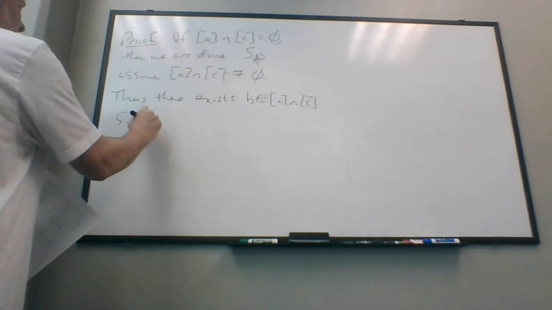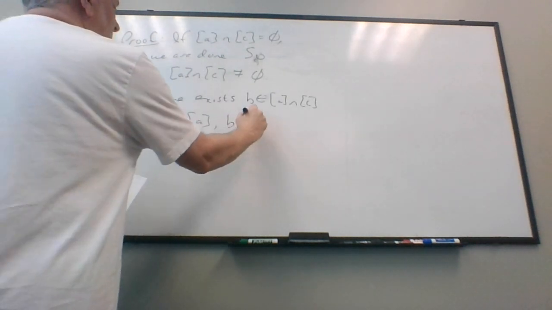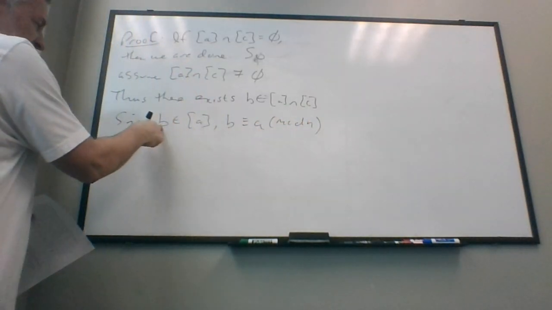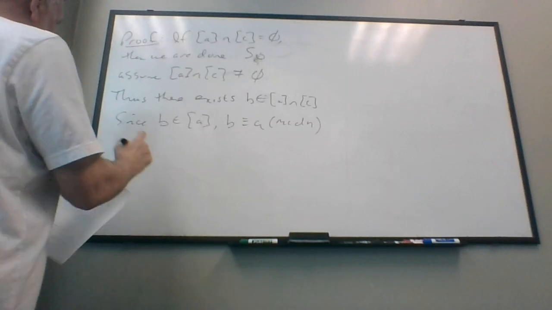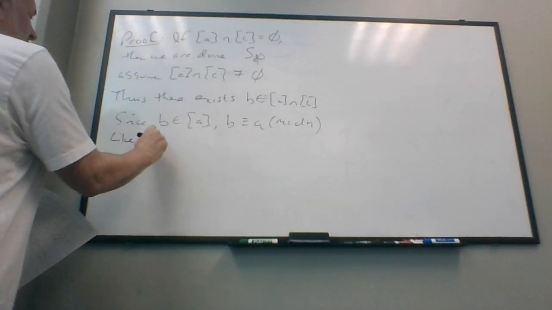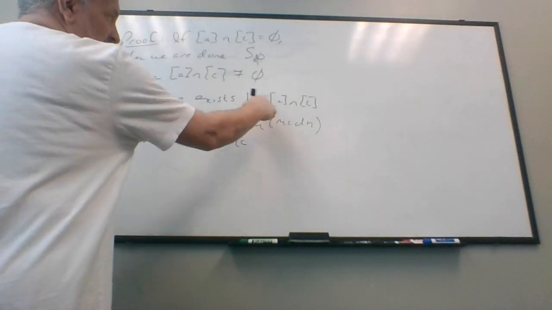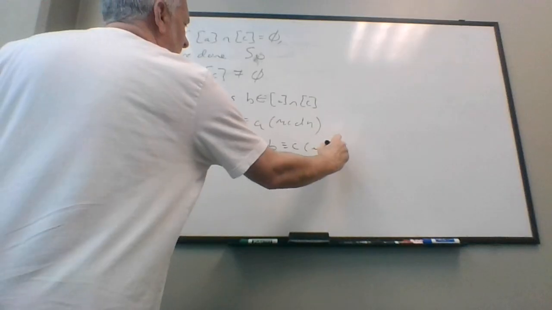So since B is in the class with A, B is congruent to A mod n. That's the definition. If B is in the congruence class of A, B is congruent to A. That was our definition. Likewise, since B is in the class with C, B is congruent to C mod n.